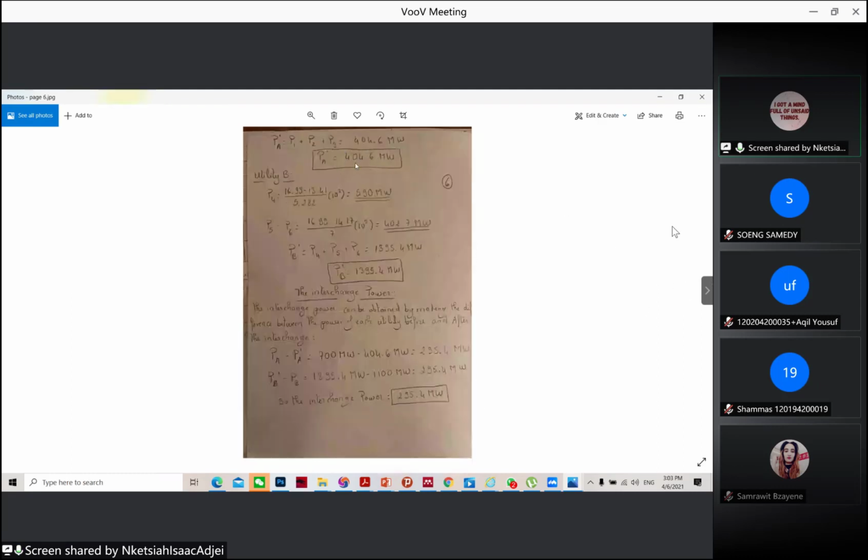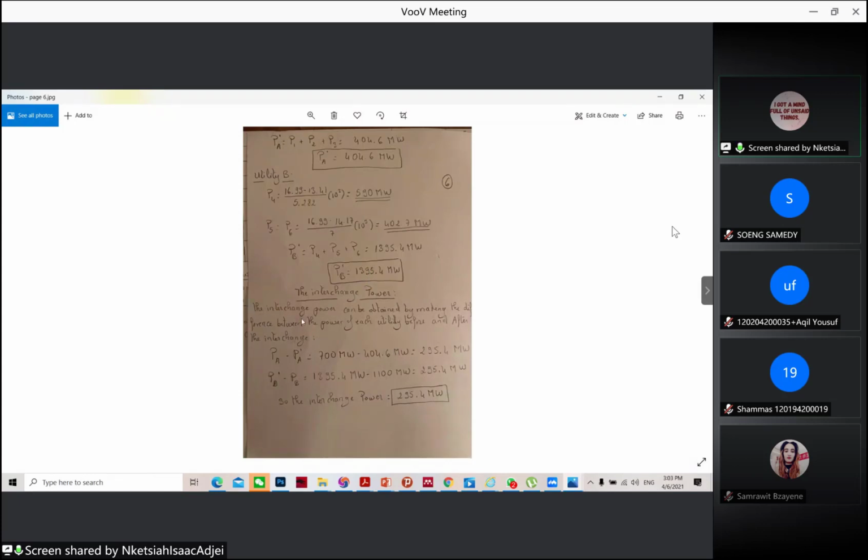So summing them together will give us a total of 404.6 megawatts. Then we look at utility B, for which we have already found the lambda to be 16.99. So we substitute everything, and that gives us P4 to be 590 megawatts, P5 to be 402.7 megawatts, the same as P6. So summing the utility B prime, as I call it, gives us 1,394.4 megawatts.